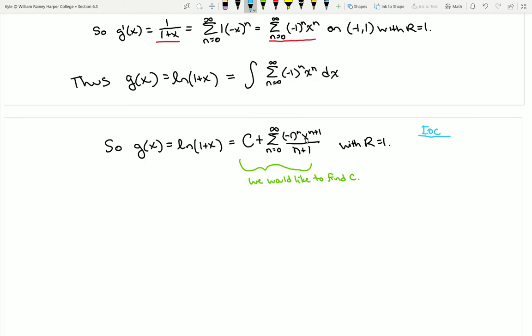Nothing's being subtracted, so this is centered at 0 with radius 1. So I have some options right now for my interval of convergence, like what we discussed in the last video, that I might have many different possibilities for what my interval of convergence might be. The endpoints can change, but the center at 0 and the radius of 1 are the same.